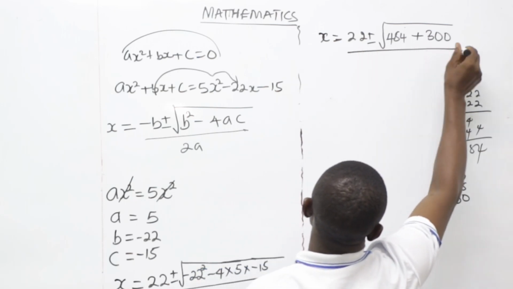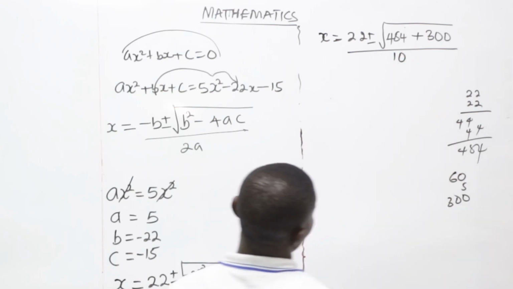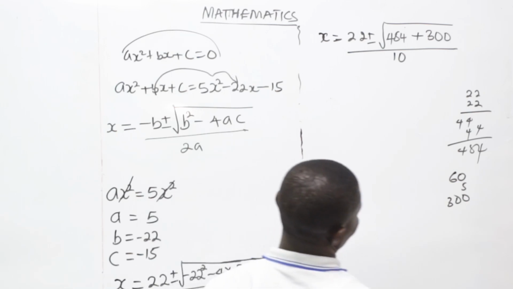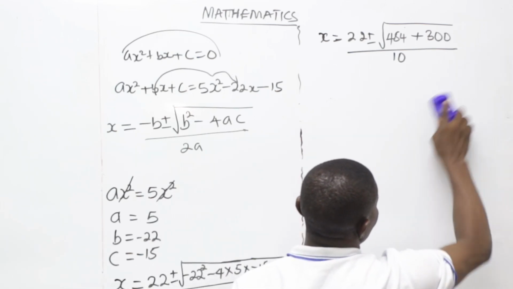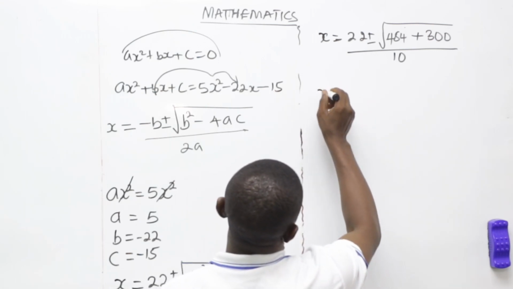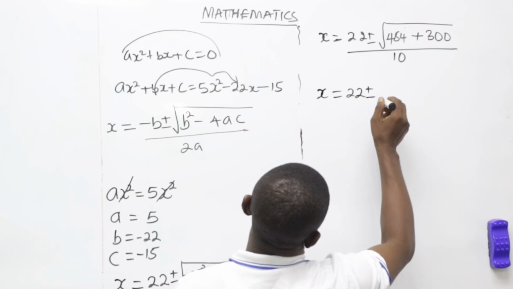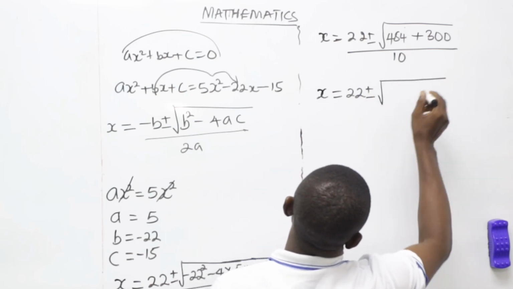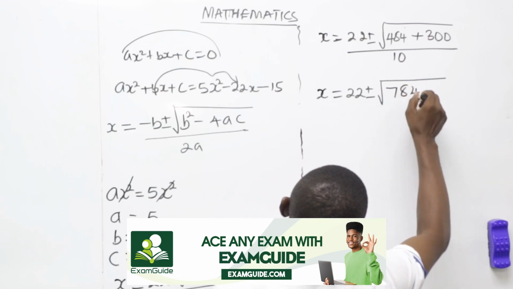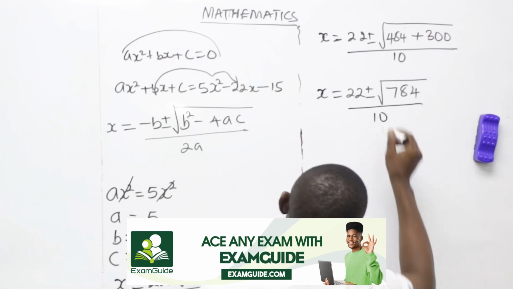Divided by 10, that is 2 times 5 equals 10. x will give us 22 plus or minus square root of 784 all over 10.